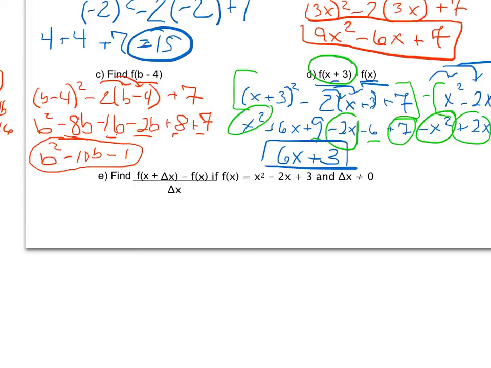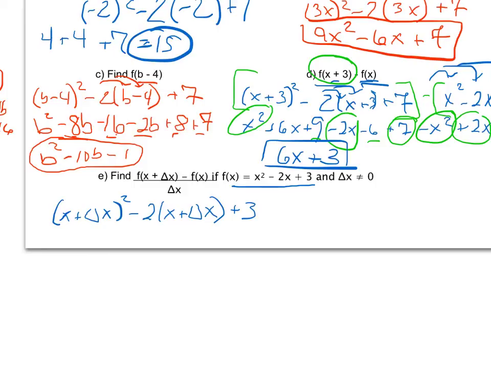So here we go. Very similar to part D on the top. So f of x plus change of x: go to my function. Every time I see a variable, x plus change of x is going to get put in that place. So I have x plus change of x squared minus 2 times x plus change of x plus 3.